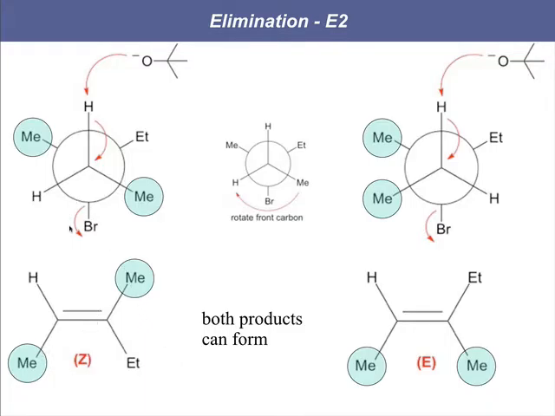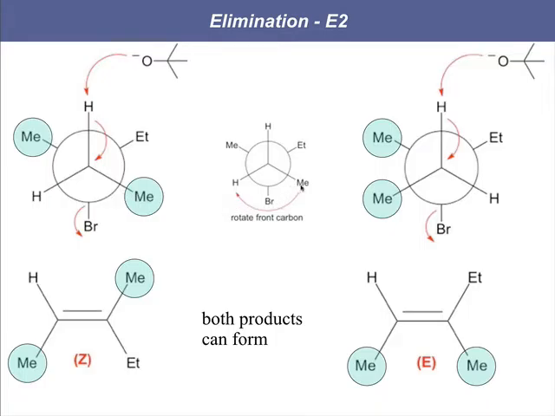But notice that if we rotate these groups relative to one another, such that this hydrogen ends up here, so that this hydrogen is anti to this bromine. So what I'm going to do, I'm going to take our front carbon, the hydrogen and the methyl, and I'm going to rotate it.